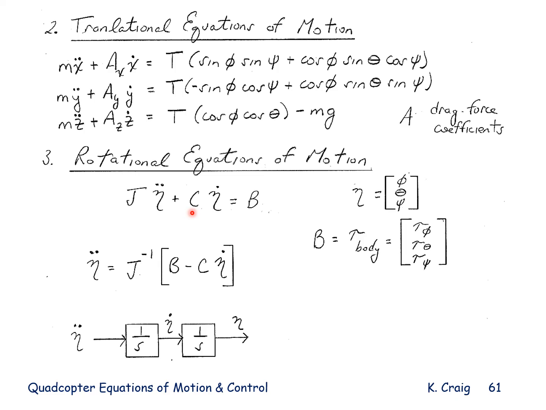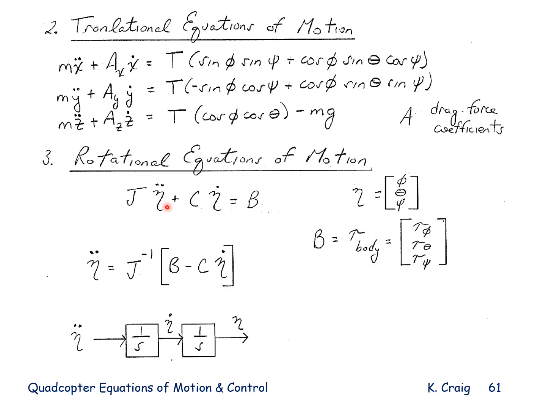Eta is the column vector of our angular positions. Eta double dot, the angular accelerations. Eta dot, the angular velocities. J is a 3 by 3 matrix. C is a 3 by 3 matrix. And B, as you see, is a column vector.